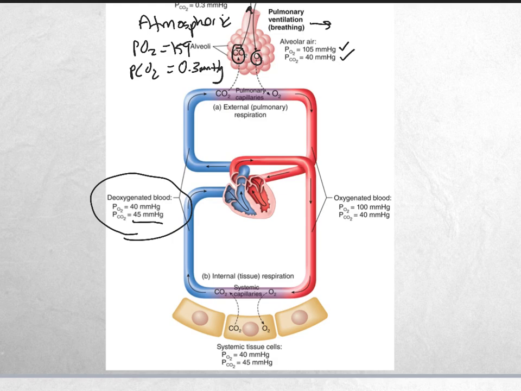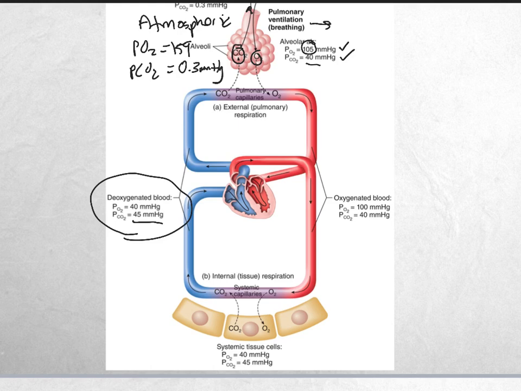The partial pressure of oxygen is going to be 105 millimeters of mercury, and the partial pressure of CO2, carbon dioxide, is going to be 40 millimeters of mercury. Now this is going to be important. Remember this number, this 105 millimeters of mercury at the lung level, because this is specific pressure. This is the pressure that's going to be required to bind oxygen to our hemoglobin. Again, when we do our oxygen saturation curve, we will explain this in a little more depth.